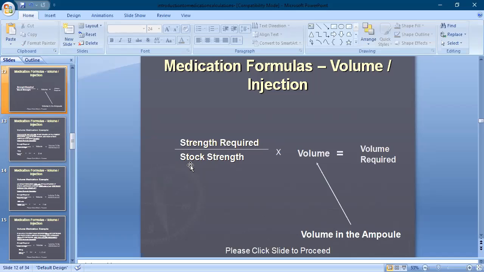So the total prescribed amount divided by the medication in your hand is the number of tablets.